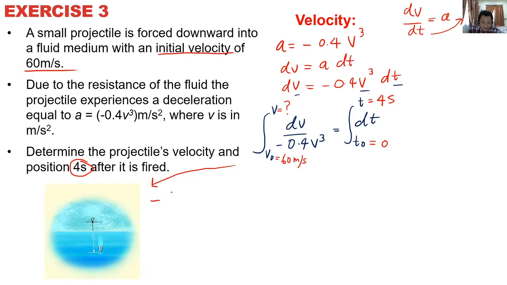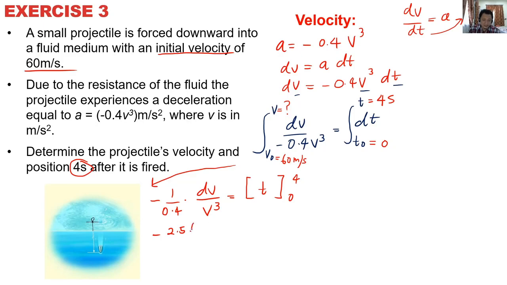Negative 1 over 0.4 times dv over v cube is equal to dt, which you need to evaluate from 0 until 4. 1 divided by 0.4 is 2.5, so negative 2.5.